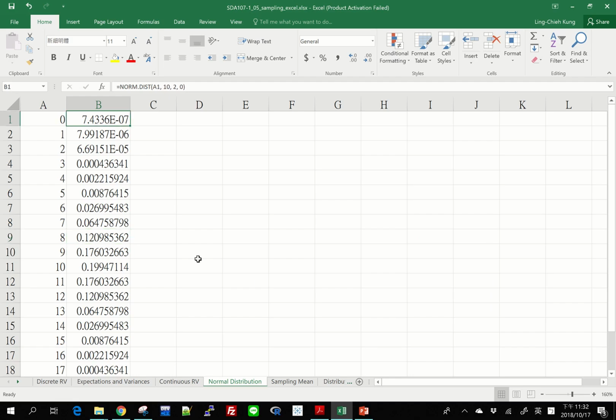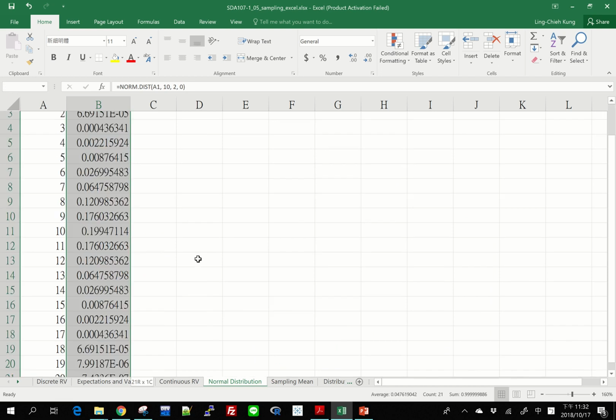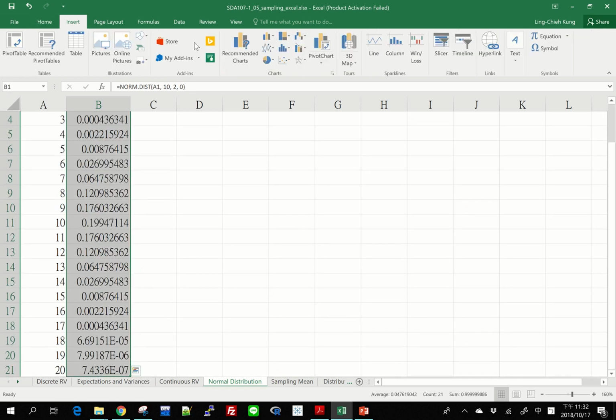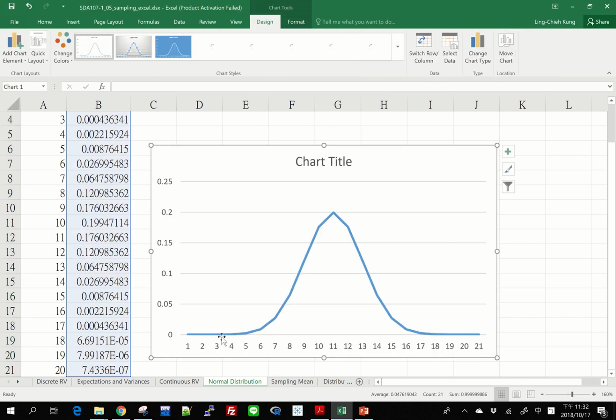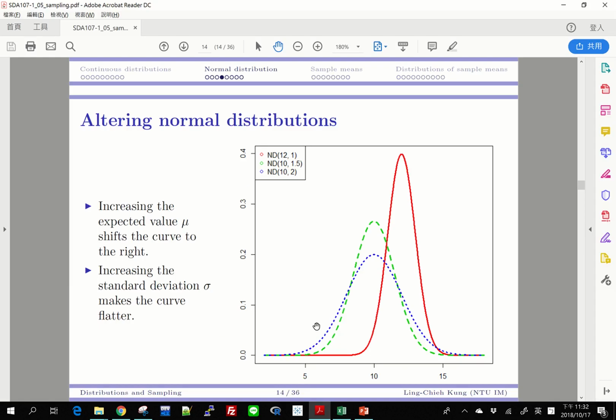So what I may do now is draw a line chart from it. Line chart is here. We can see a curve, not very beautiful, but roughly it is the same as the curve that we may observe from this PDF. We can see that this blue curve, the top is around 0.2, which locates around 10.